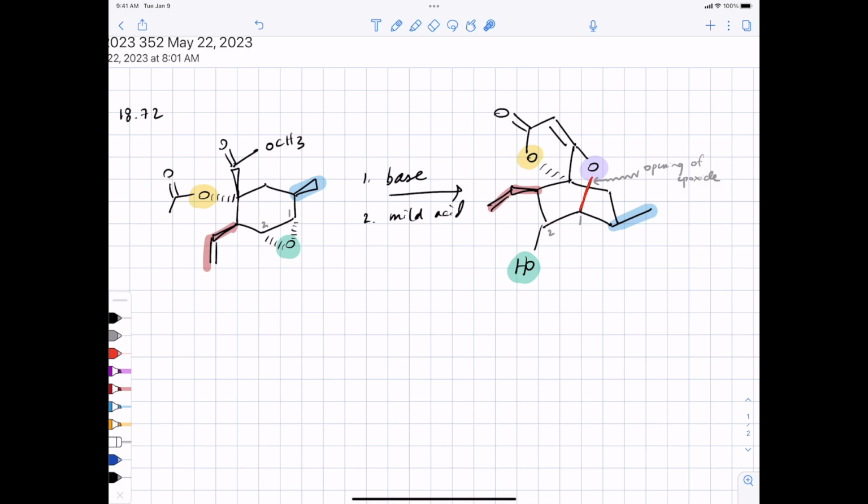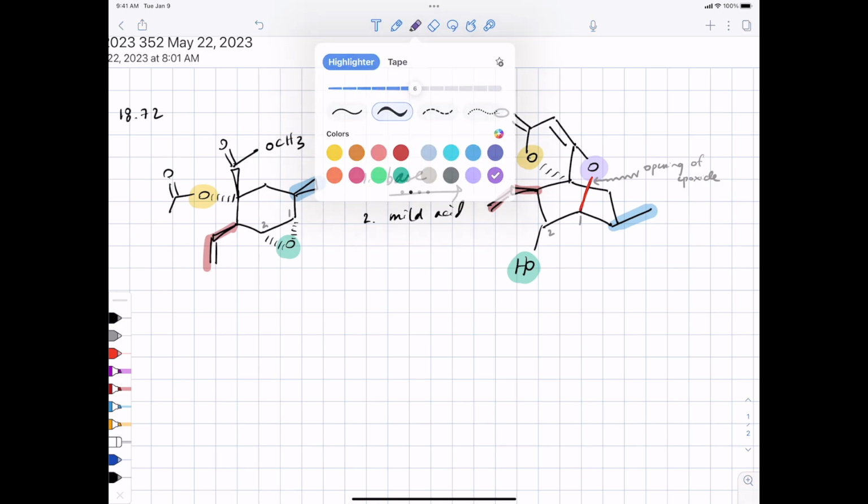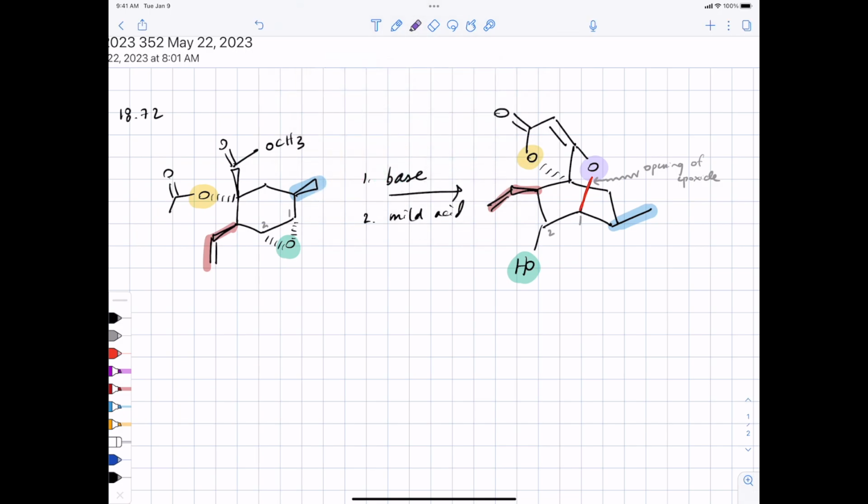On this, I still see the orange oxygen, but I'm almost entirely missing this ester group. In fact, I'm also missing a methyl group. It almost looks as though, I'm running out of colors here, maybe we'll go purple, it almost looks as though that methyl group somehow ends up there.